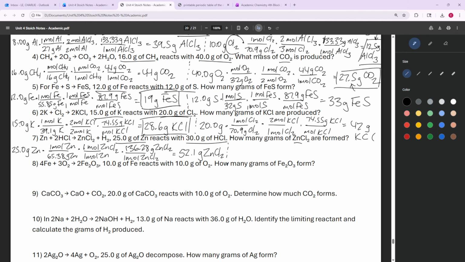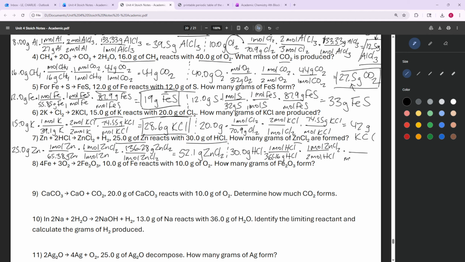If we instead start with hydrochloric acid, 30 grams HCl times, so that's roughly 36.46 grams of HCl for every mole of HCl. Then it is a 2 to 1 ratio. 2 moles of HCl get us 1 mole of zinc chloride.